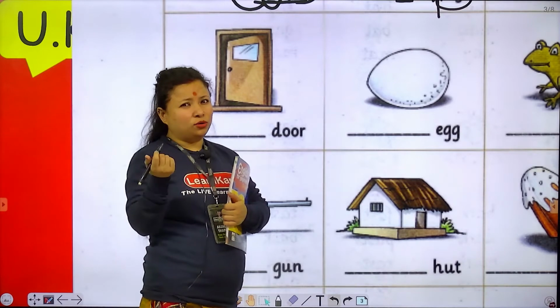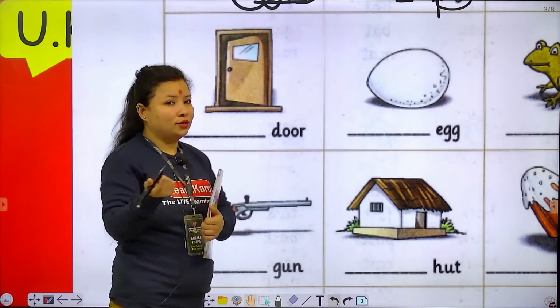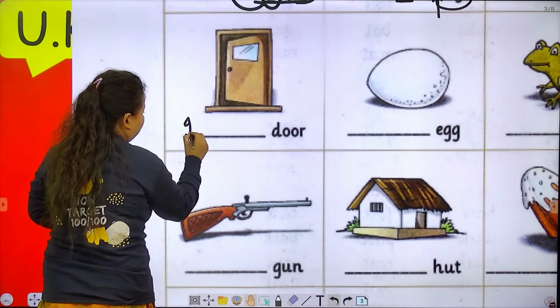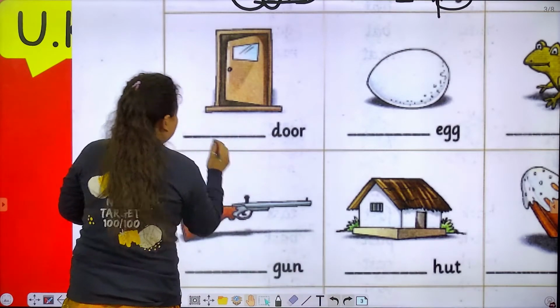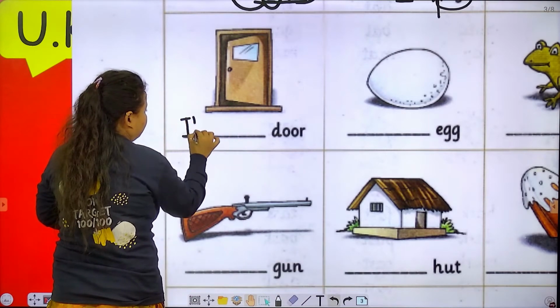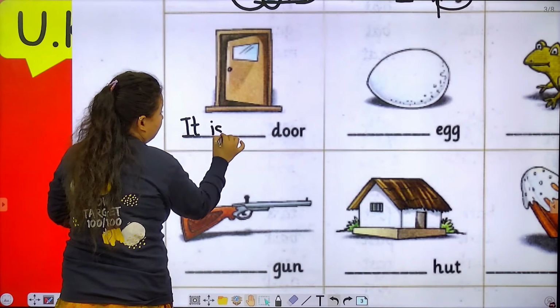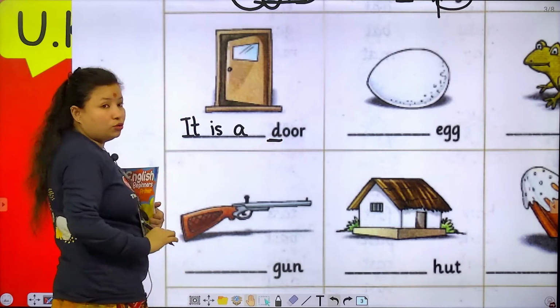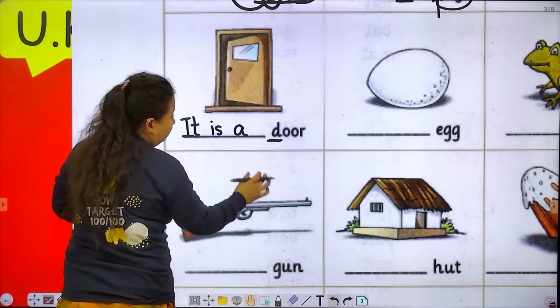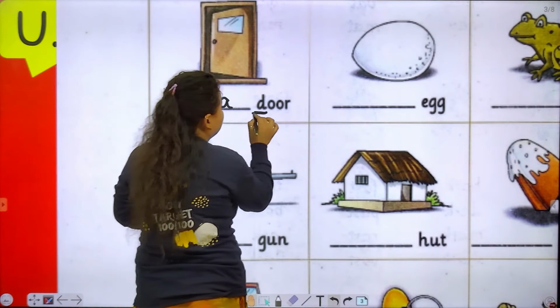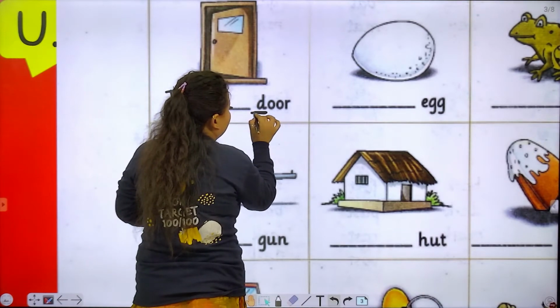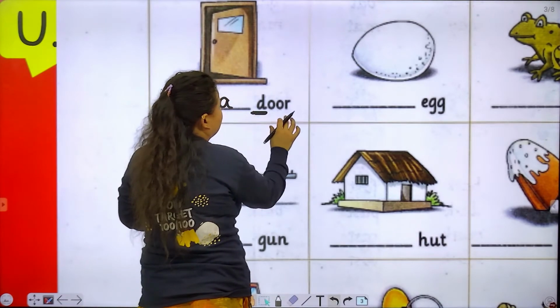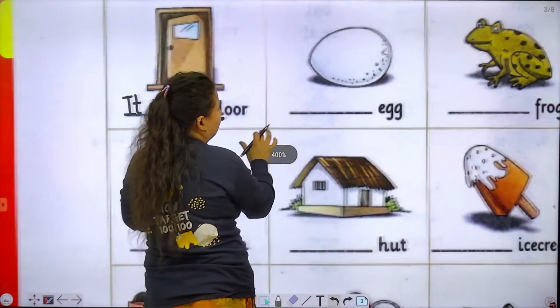No, it is a door. Why? Because this is a consonant. So, before completing the sentence, we have to see whether this is a vowel or a consonant.